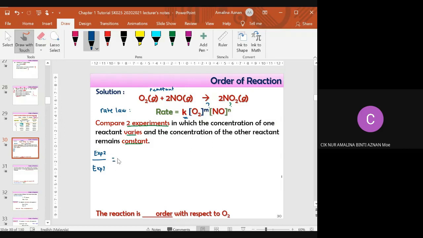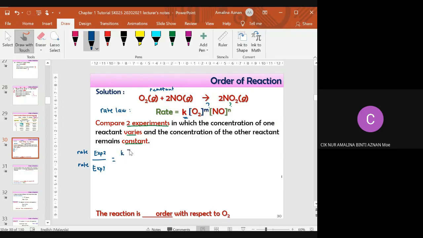Okay, so rate untuk eksperimen 2, kita tulis dalam bentuk rate law lah.